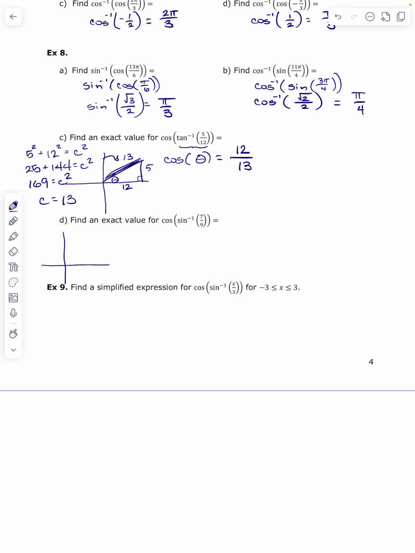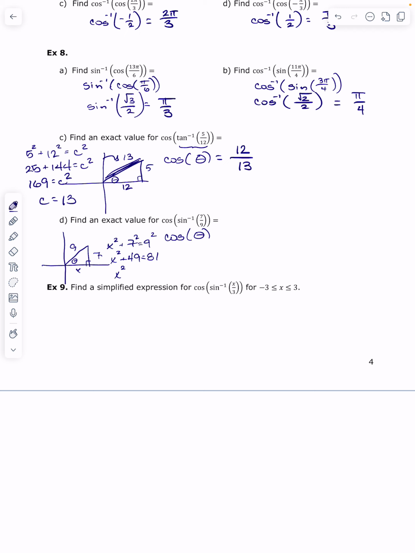So I'm going to do the same thing with D. I have got inverse sine of 7/9. Sine is opposite over hypotenuse. So my opposite side is 7, my hypotenuse is 9. And here's my theta, just a placeholder. So I want the cosine of theta, which means I need to find the length of the adjacent side. We're going to call that x. x squared plus 7 squared is 9 squared. x squared plus 49 equals 81.